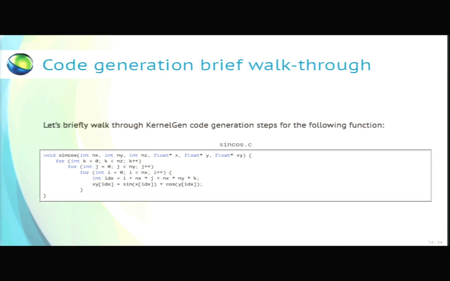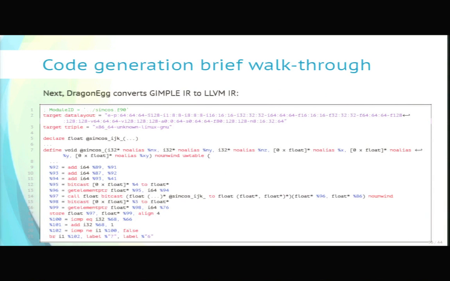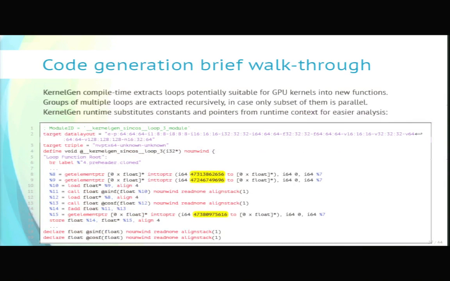I think we can have just a one minute walkthrough of the different formats of code generation. So this was our initial loop, for instance. This is the GIMPLE intermediate representation used by GCC. By means of DragonEgg, we convert this GIMPLE, not we, but that existing project, converts it to LLVM. This is the initial LLVM for this function. We make some preliminary decisions about what loops in this function could potentially be parallel without generating any code.